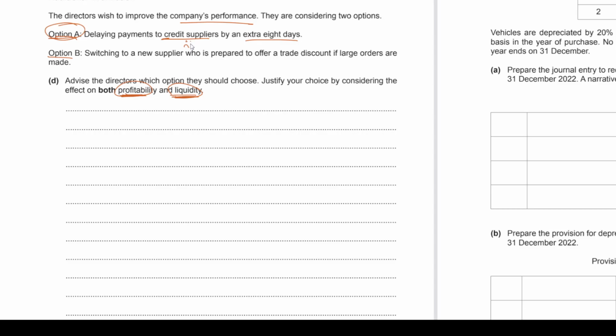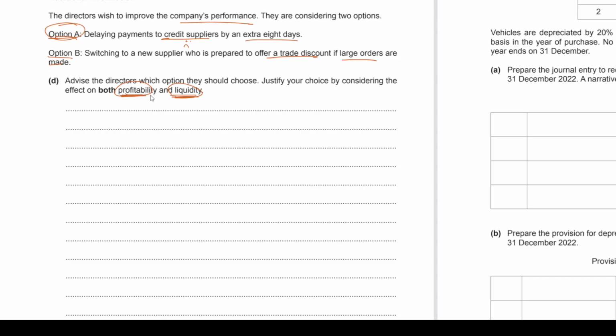Let's have a discussion on this. Switching to a new supplier who's prepared to offer a trade discount if large orders are made. Now, look at the implications of that on profitability. It will increase profits because costs will fall, and if costs fall, profitability will increase.